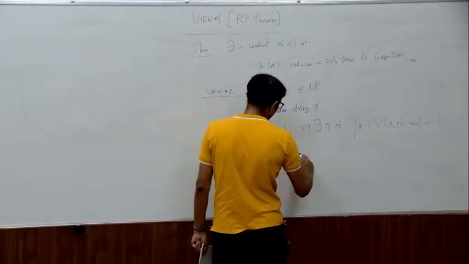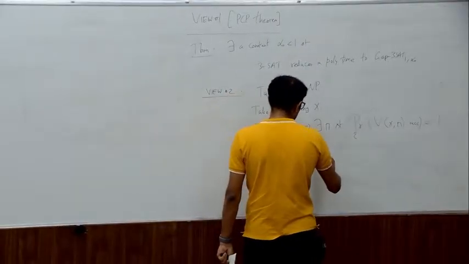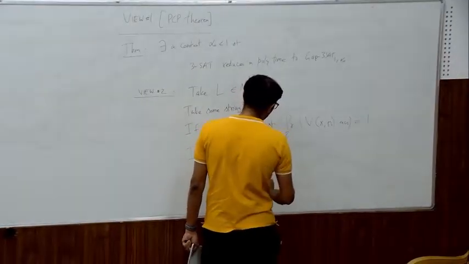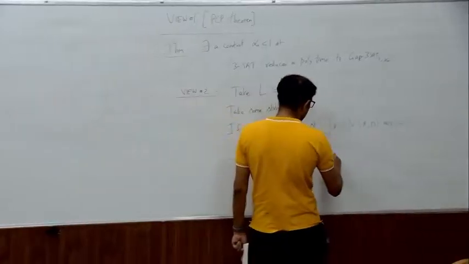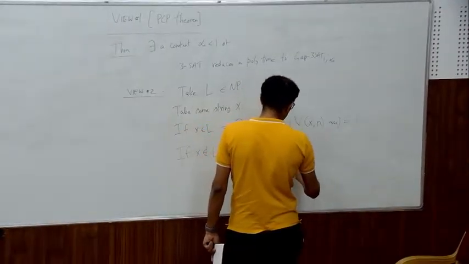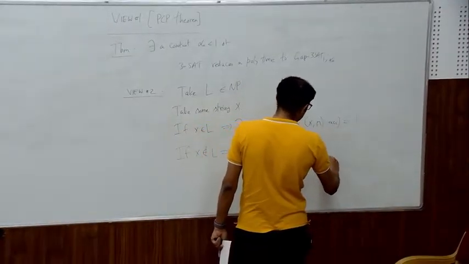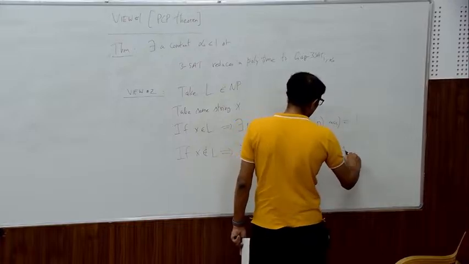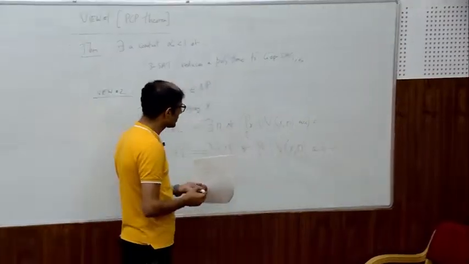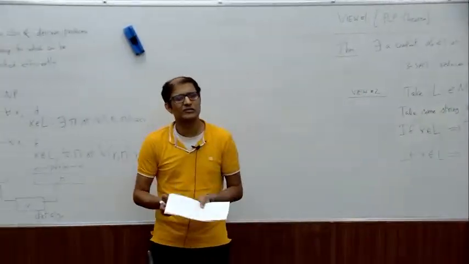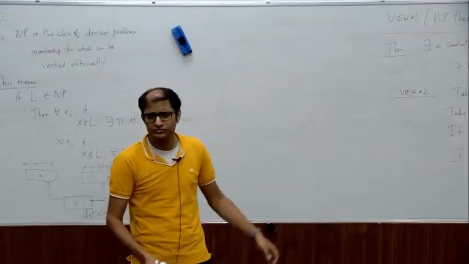And if this string does not belong to my language, then no matter what proof you give me, no matter what fake proof you try to generate, the chance that the verifier will accept is at most 1/2. So you can't trick this verifier all that much.